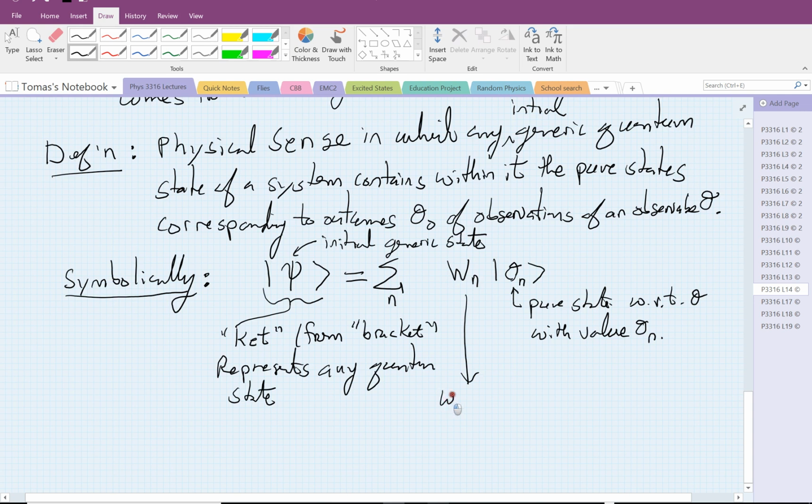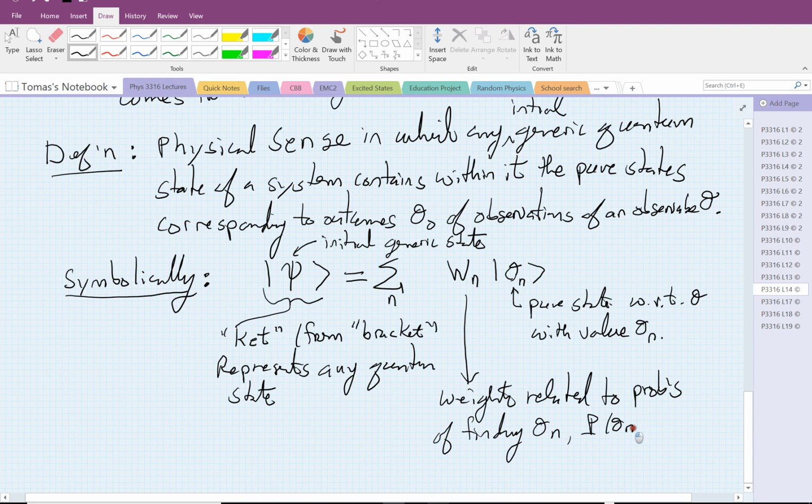So these are weights, and these weights we would suspect are related to the probabilities of finding the different values O sub n. So that would be the probability P of O sub n. That is what these weights actually are related to.